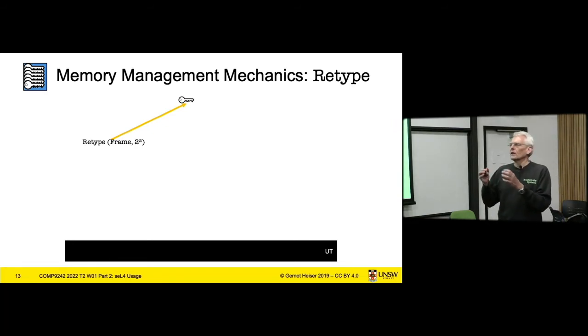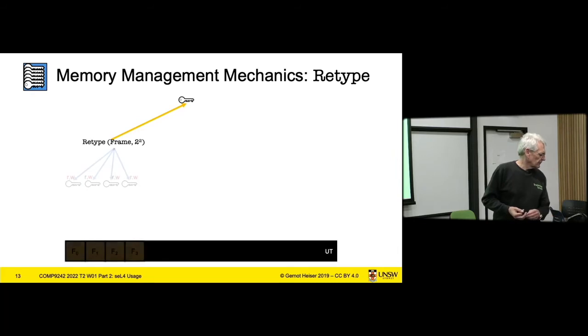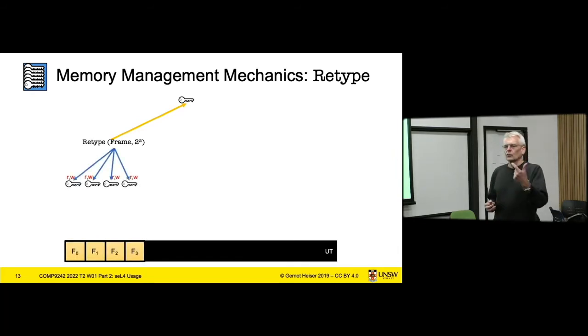So I want to retype the first bit of this large untyped slab into 4 frames. And the system will do that and return 4 frame capabilities to the caller. And now you have capabilities with full access rights to each of these frames.